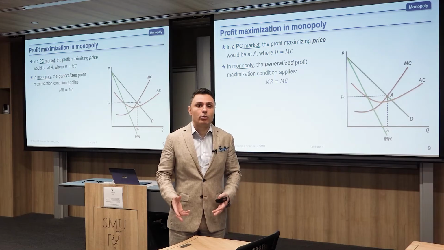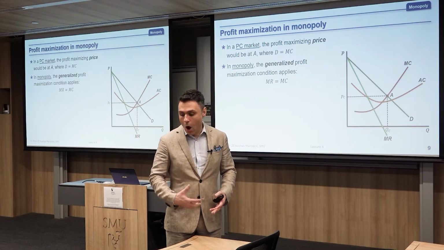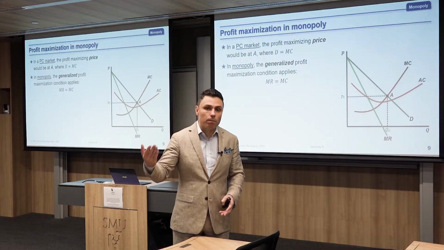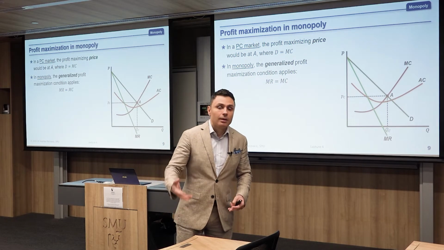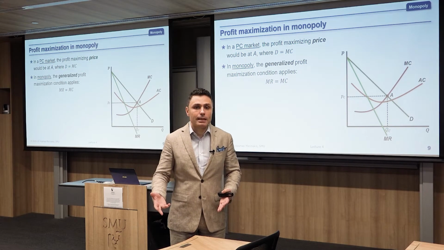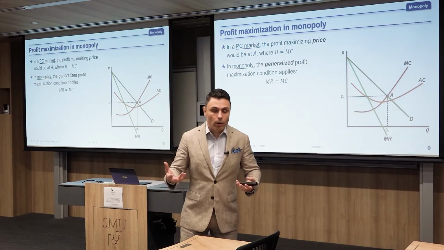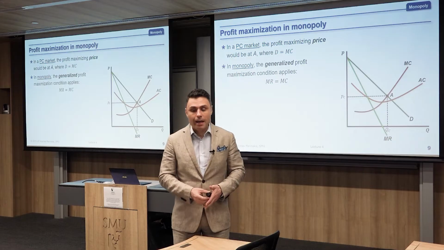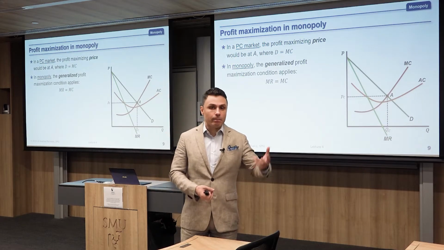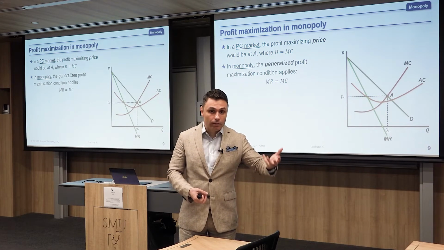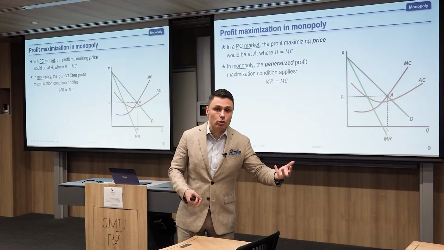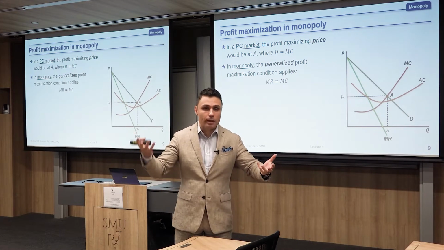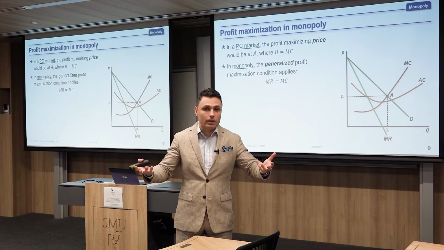The marginal revenue curve tells you how much you make from each additional unit of product that you sell. And it's very necessary because when we maximize the profit, it's important to compare how much comes in from selling an extra unit, compared to how much goes out as a cost by producing or selling an extra unit.